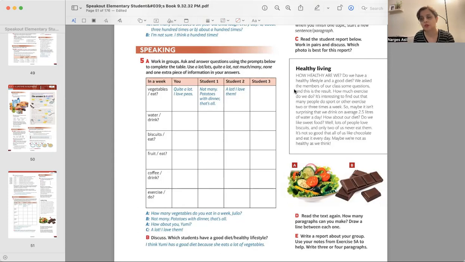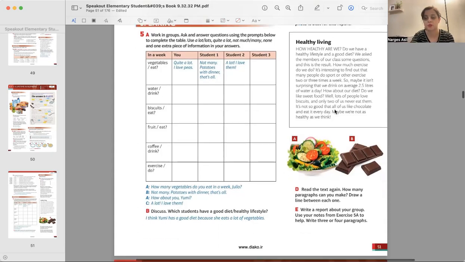It's not so good that all of us like chocolate and eat it every day. Maybe we're not as healthy as we think.